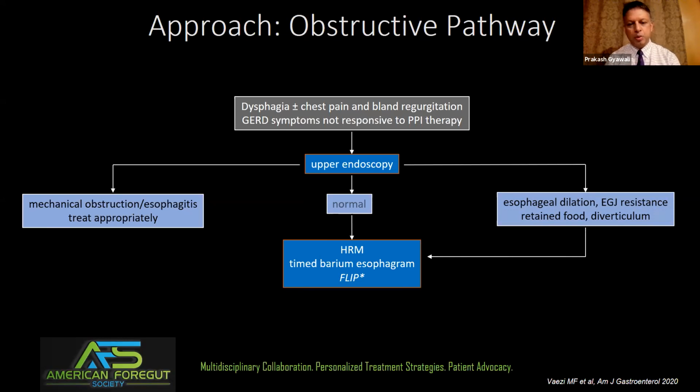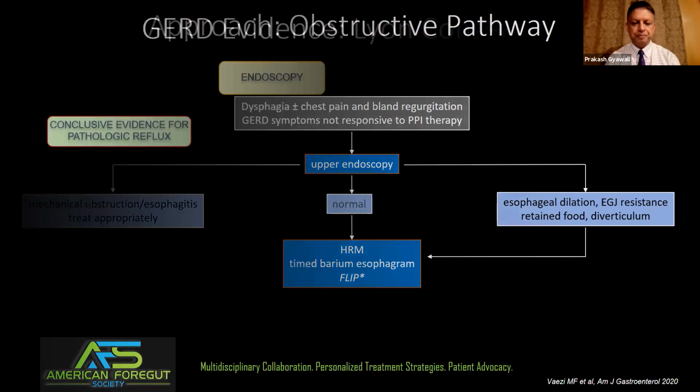So endoscopy is an important initial step, despite the fact that the yield for a conclusive diagnosis of reflux is relatively low. So in a treatment naive patient with typical symptoms, that number is somewhere between 30 and 40% that you will find erosive esophagitis.